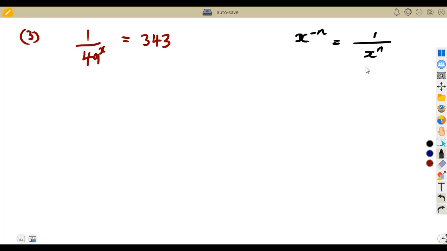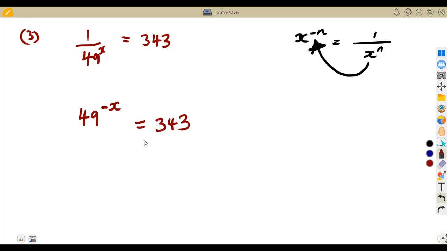It means it was being raised to the exponent of a negative. So before it was 49 to the exponent of -x, which was equal to 343.